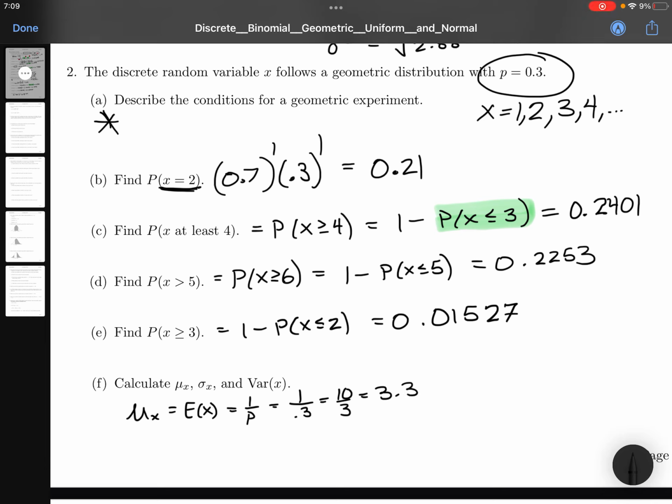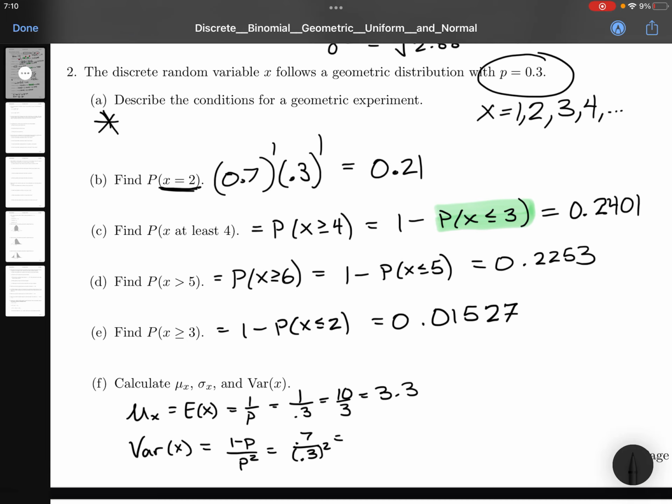The standard deviation is the square root of the variance, so let's do the variance first. That should be 1 minus p over p squared. All right, calculated that. Let's see, we should get 0.7 over 0.3 squared.